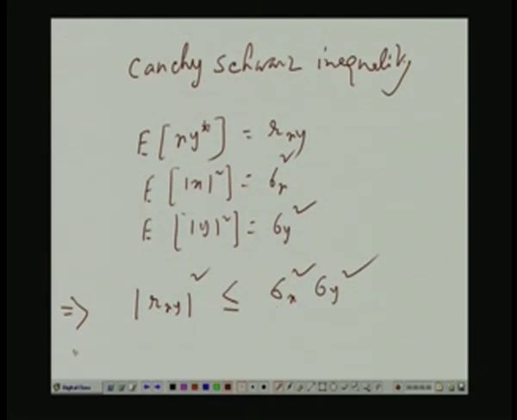The inequality can be either less than or equal to. The equality is valid if x and y are linearly related.